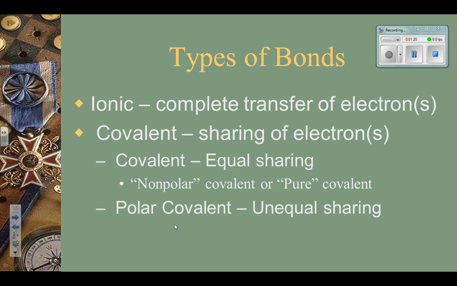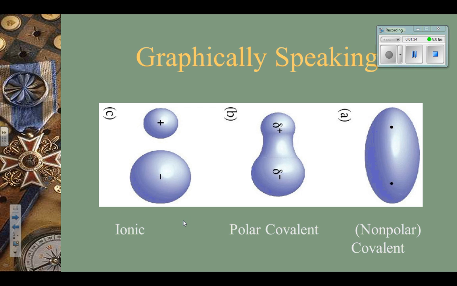So let's look a little bit at polar covalent, what effect that has not on the shape, but on the behavior of a couple of atoms that have been bonded together. Remember, that means that one has a higher electronegativity than the other, which is illustrated in this picture. If it's ionic, in theory anyway, there are two completely separate ions.